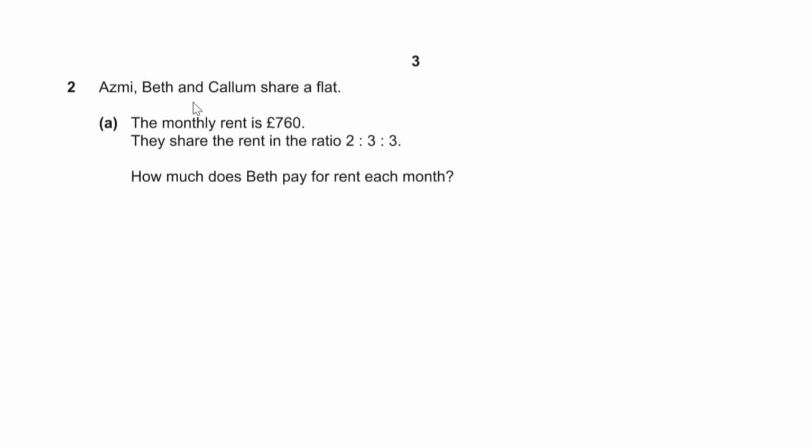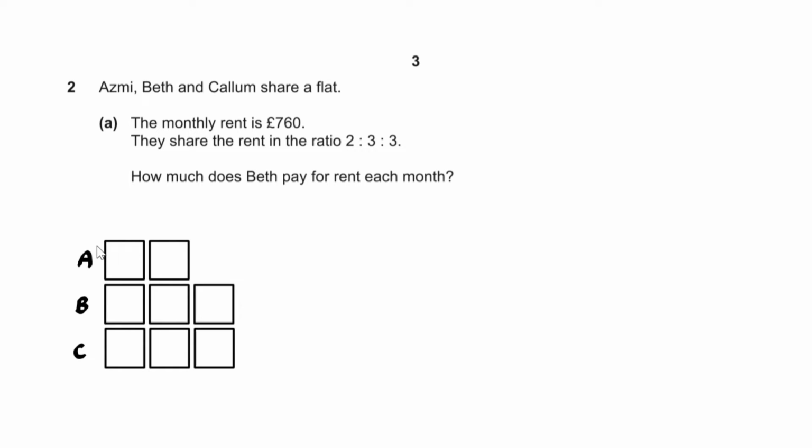Question number 2. Asmi, Beth and Callum share a flat. The monthly rent is £760. They share the rent in the ratio 2 to 3 to 3. How much does Beth pay for rent each month? Here is the ratio represented using a bar model.